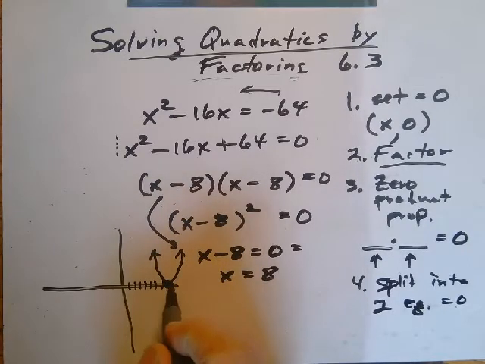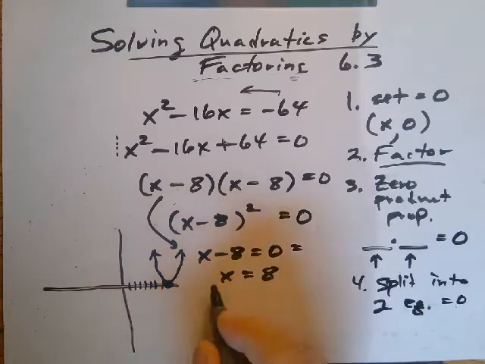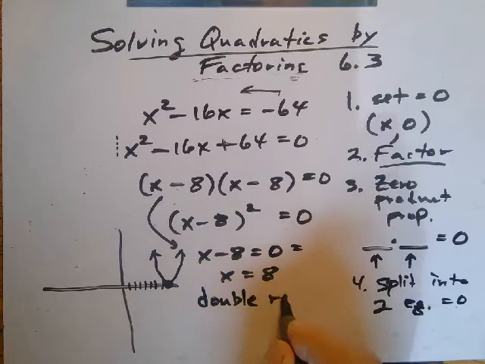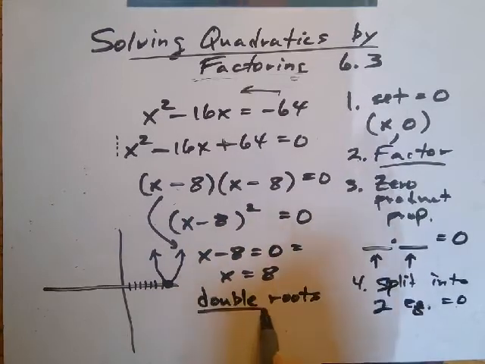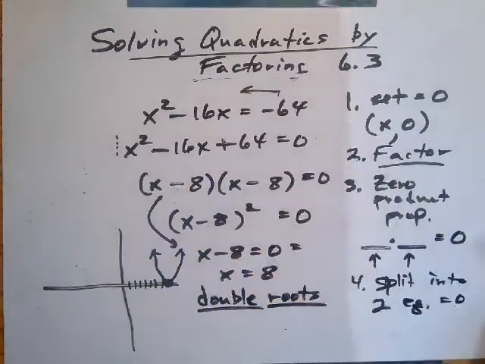Turns out it is. This is a single answer. However, we call this a double root. And double roots intersect the parabola: the parabola intersects the x-axis right at the vertex because it's got only one solution.